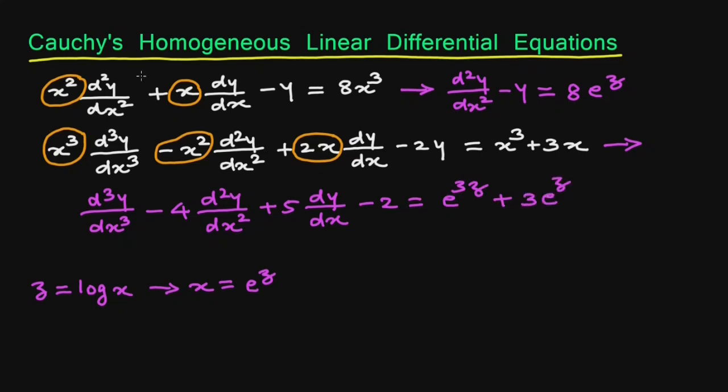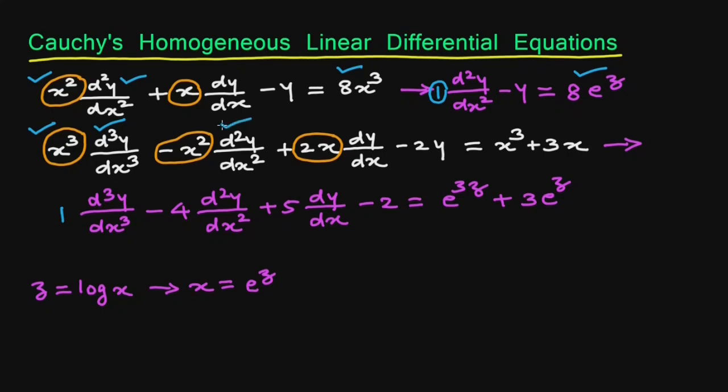We find that the coefficient of this d2y by dx square, which is x square, has been transformed into a constant 1, and the function on the right hand side 8x cube has been transformed into 8 e raised to z. Coefficient of this d cube y upon dx cube, which is x cube, has been transformed into a constant 1 here.